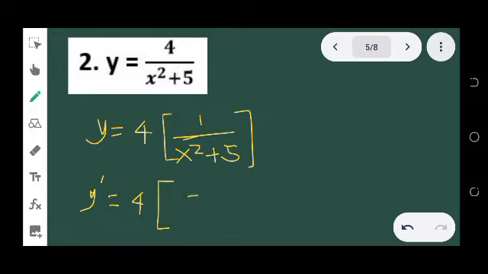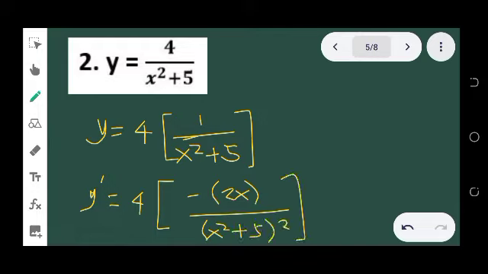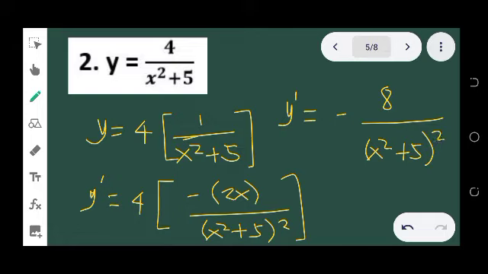That's negative, the derivative of x squared plus 5 is 2x, all over the function x squared plus 5 squared. We can simplify this further: 4 times negative 2x is negative 8 all over x squared plus 5 squared. And this is your answer.